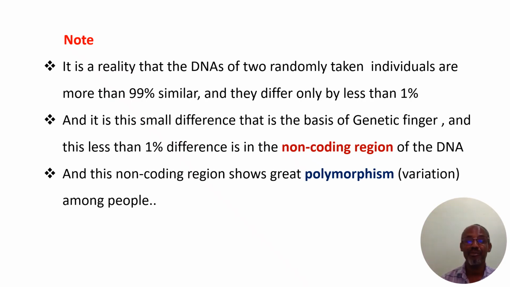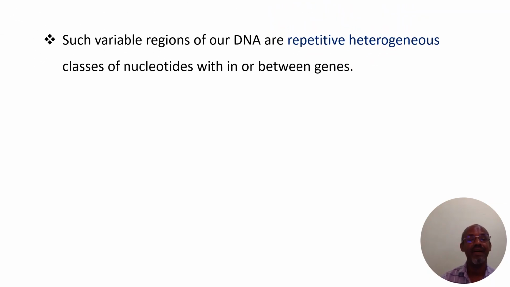What is polymorphism? Simply variation among the world population, among people. They show great variability, and such variable regions of our DNA are repetitive, heterogeneous.